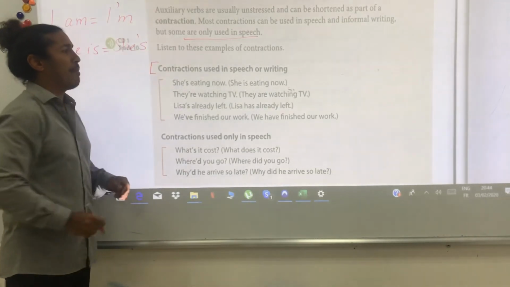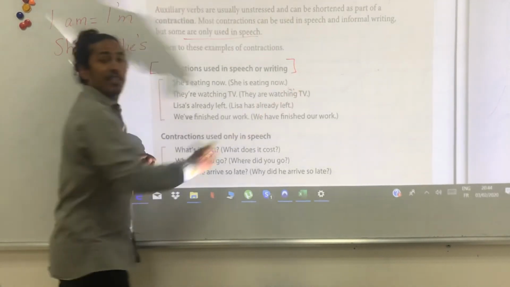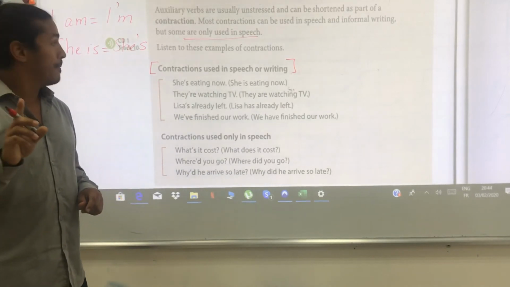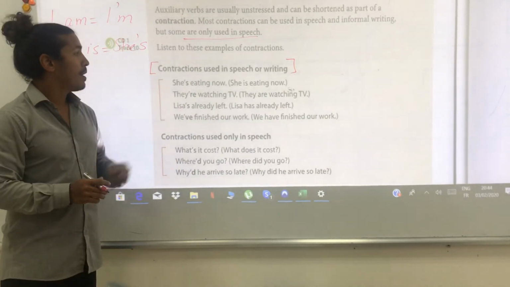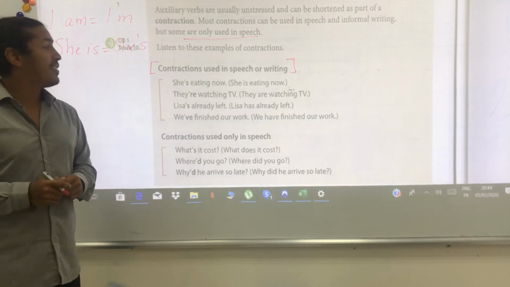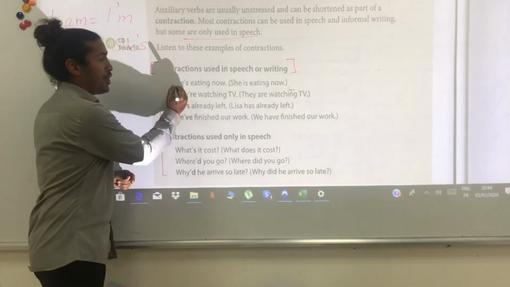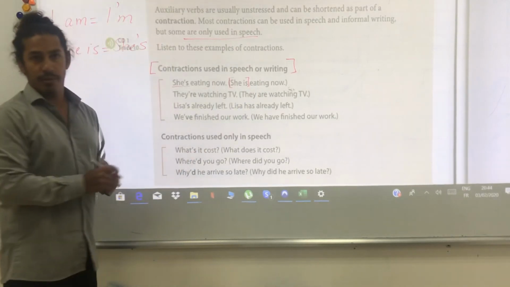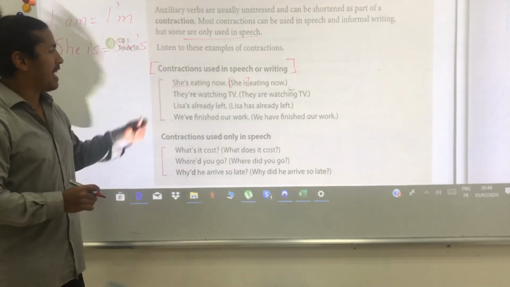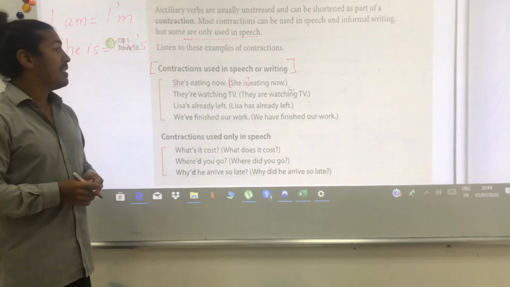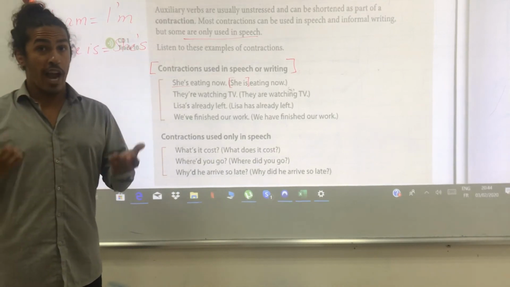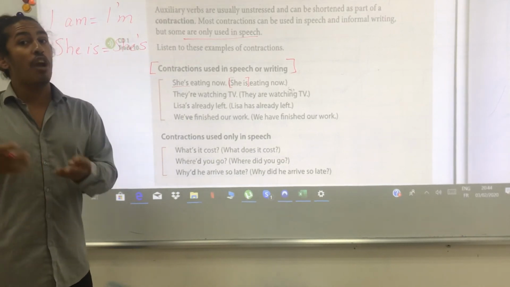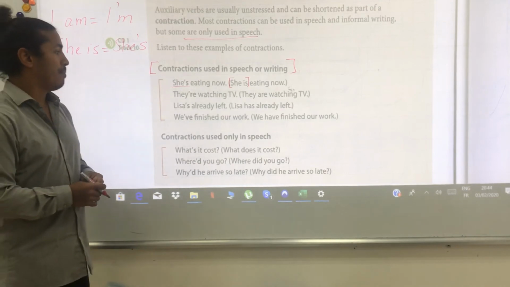Now, the first set of examples are used in speech or writing. First example, she's eating now. She's being the contraction of she is. Next example, they're watching TV. Contraction, they're for they are watching TV.